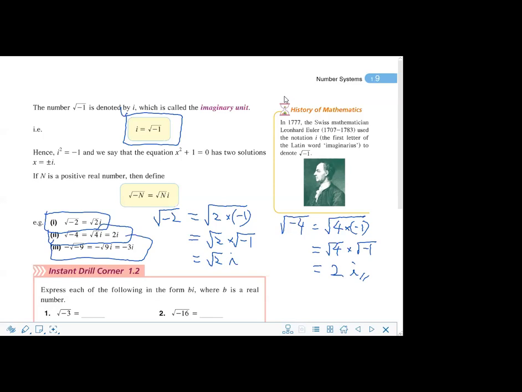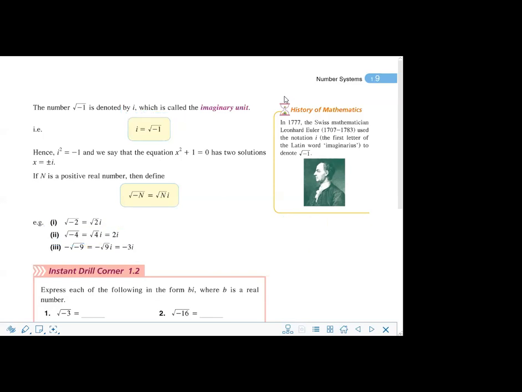One more. Number 3. If we have negative of square root of -9, the negative sign outside the square root sign, just keep it first. What we are going to handle is the number inside the square root sign. So -9 should be changed to 9 times -1.